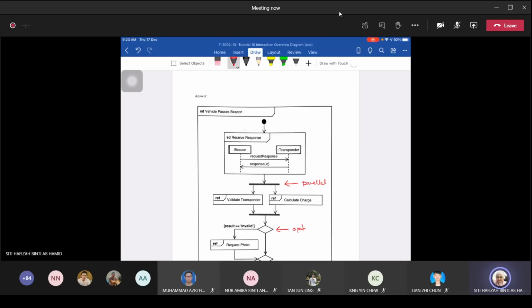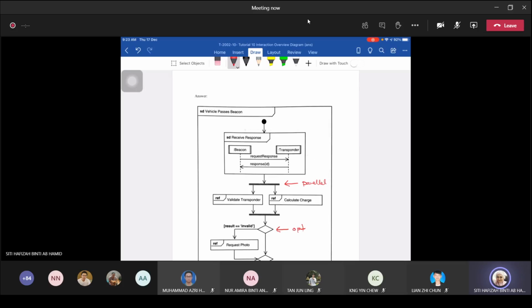But then there is no else. The option is not like alternate, right? So for alternate you have a condition. It means that there is some result in this situation, but then it's an optional process.